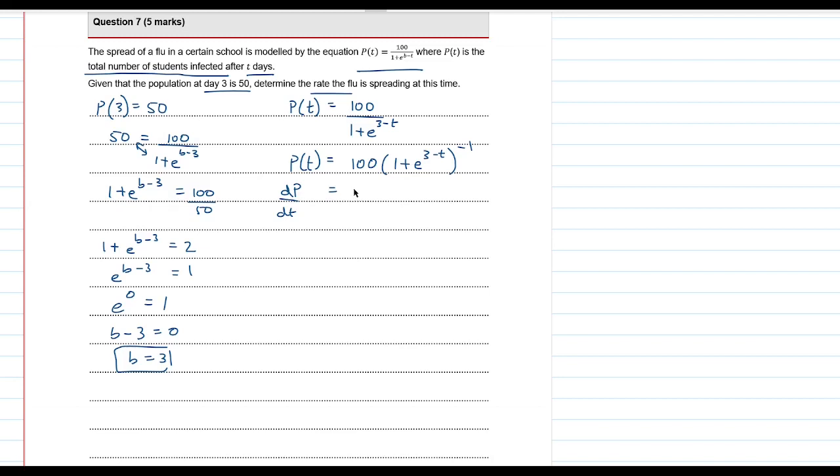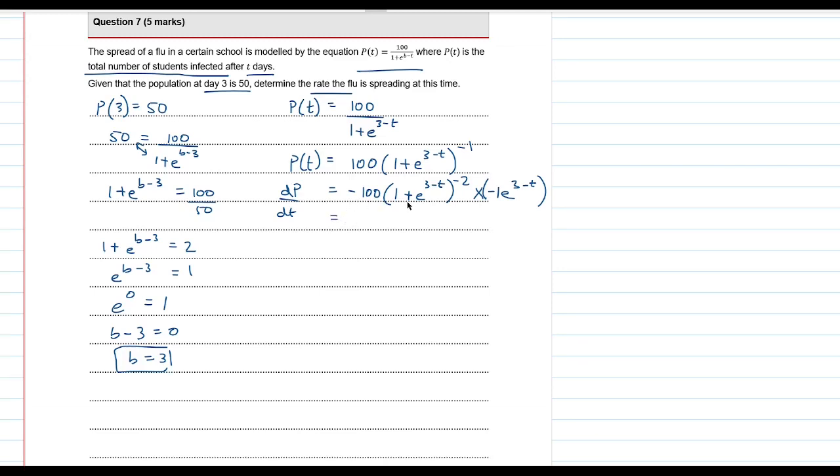So that's going to be negative 1 times 100 times the bracket to the power of negative 1 minus 1, all times the derivative of the bracket. So 1 derives to 0 and e to the power of 3 minus t derives to negative e to the 3 minus t. So first we need to differentiate the power, which is going to be negative 1 times the original function.